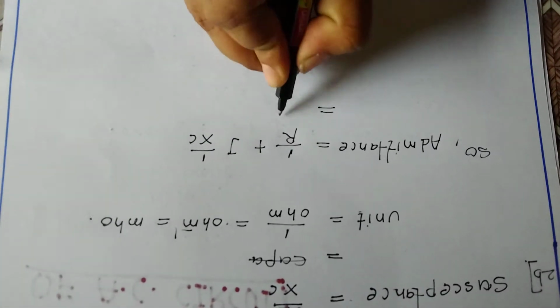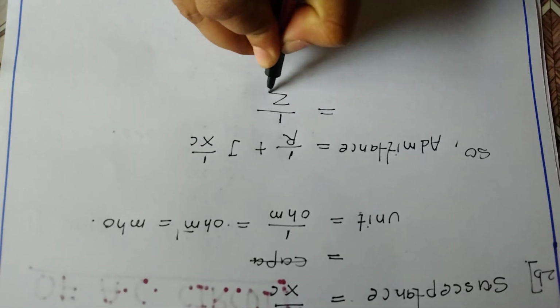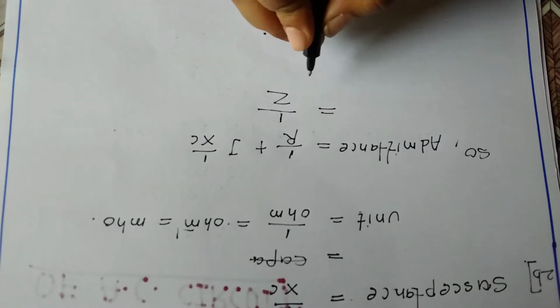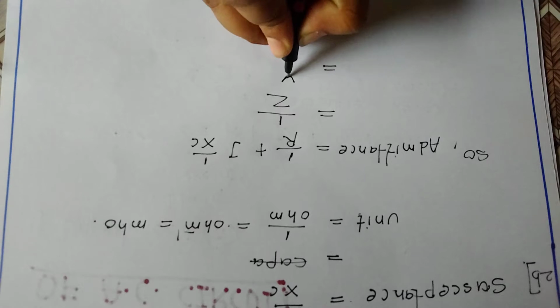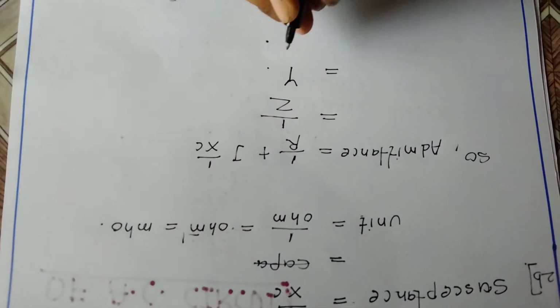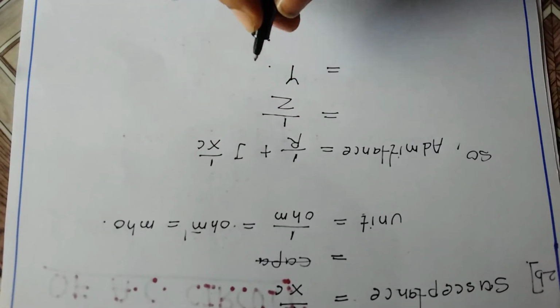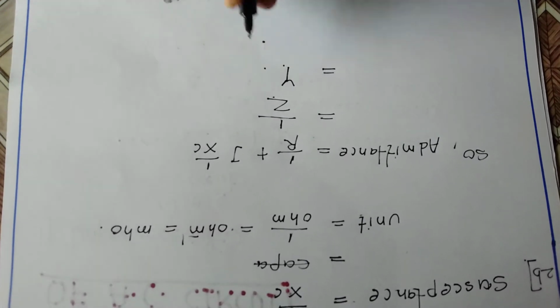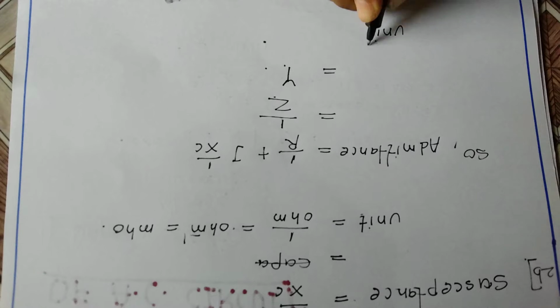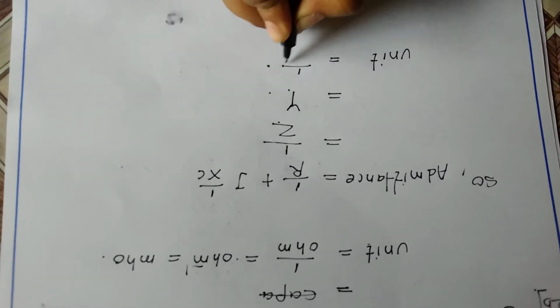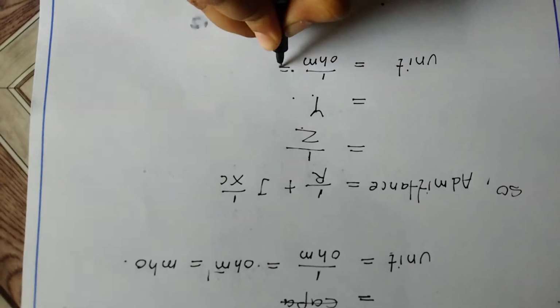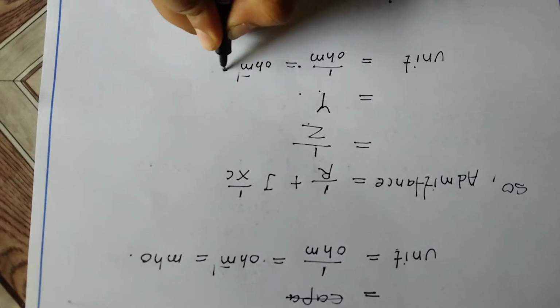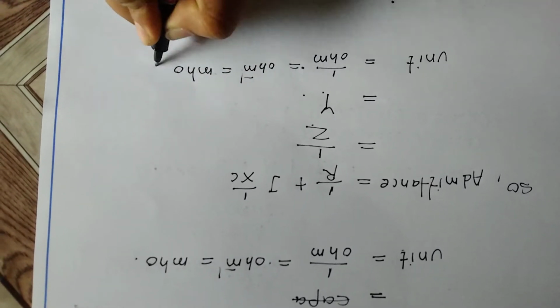So it can be written as 1 by Z, which is equal to Y. It is the reciprocal of Z, and its unit is 1 by ohm, ohm inverse, which is equal to mho.